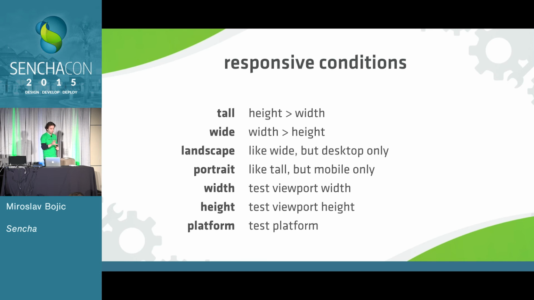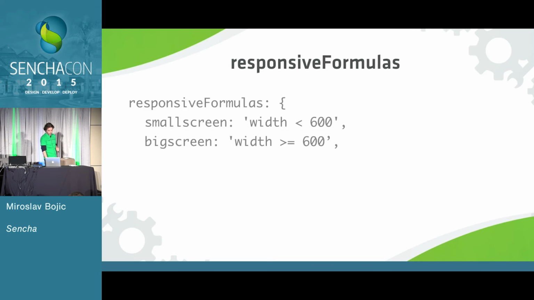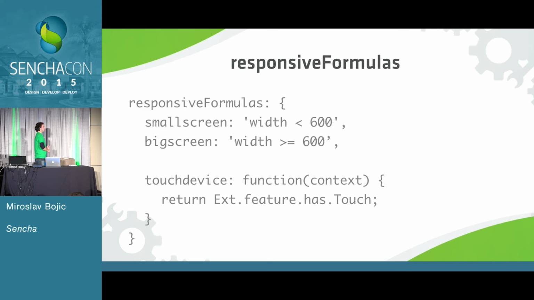And finally, with responsive formulas, if these are not enough for you, you can define your own conditions. So we can define something like small screen or big screen, depending on what kind of width and height we are detecting, and then we can use this keyword in our responsive configs further. Or we can even write a function to check whether a device is touch capable, and depending on that, later we can include some kind of plugins or, I don't know, different behavior to accommodate for that.